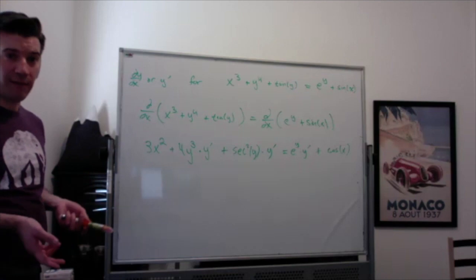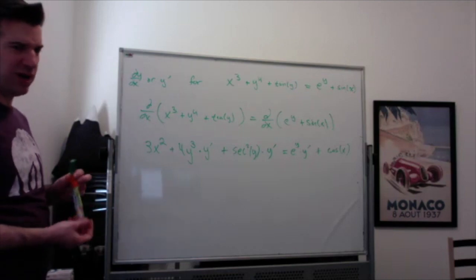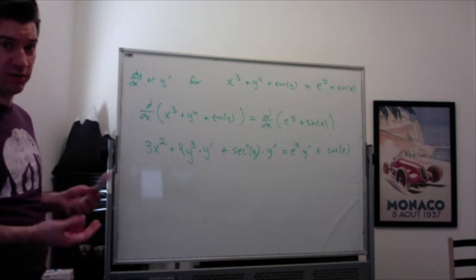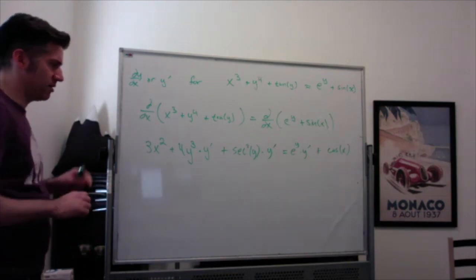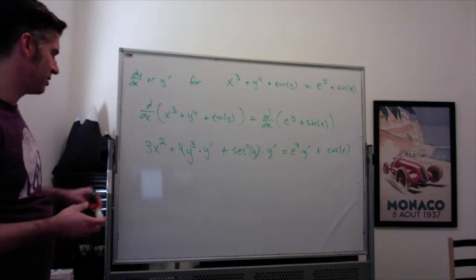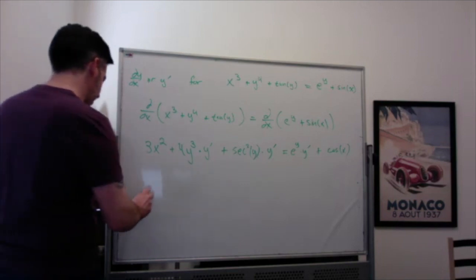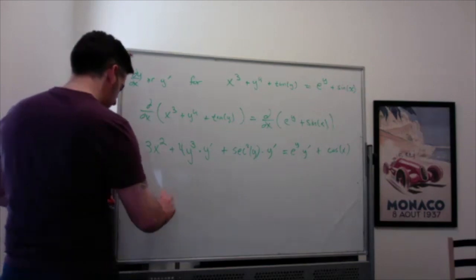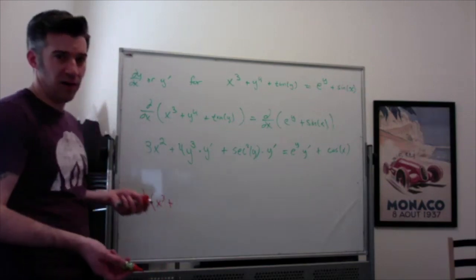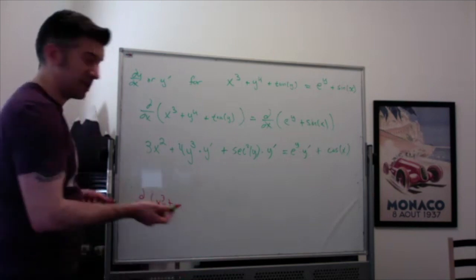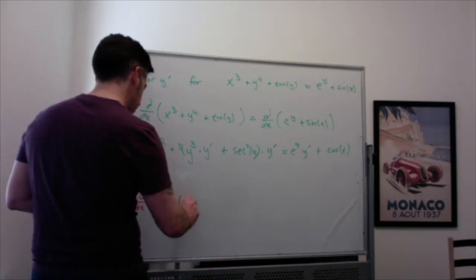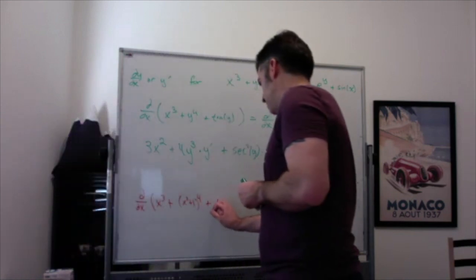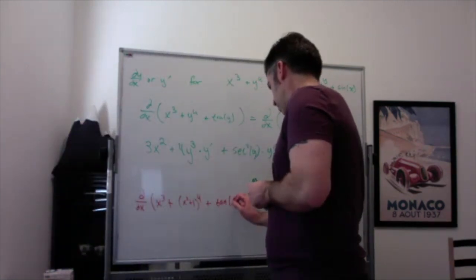One way you could imagine this, if you're struggling with why I've done my y prime stuff, is to actually make y a function of x for a second. What if instead I was taking the derivative of x cubed plus, I'm going to make y some not too terrible function of x, like x squared plus 1, plus tangent of x squared plus 1.